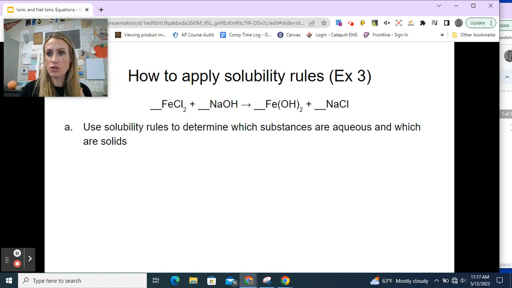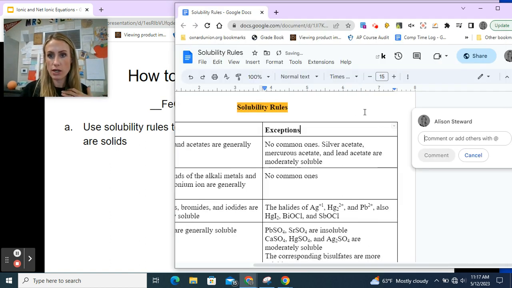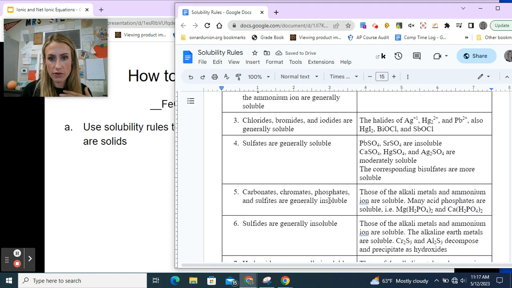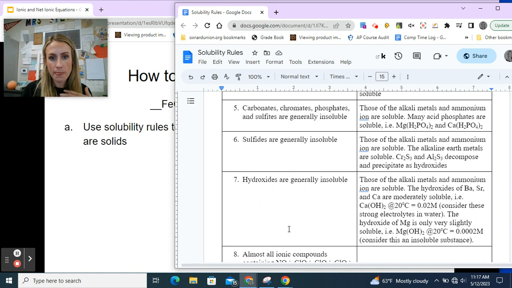Now let's look at sodium hydroxide next. Hydroxides are generally insoluble. However, the exception here is those of the alkali metals. If you remember, or if you have a periodic table in front of you, sodium is in that first group, it is an alkali metal.